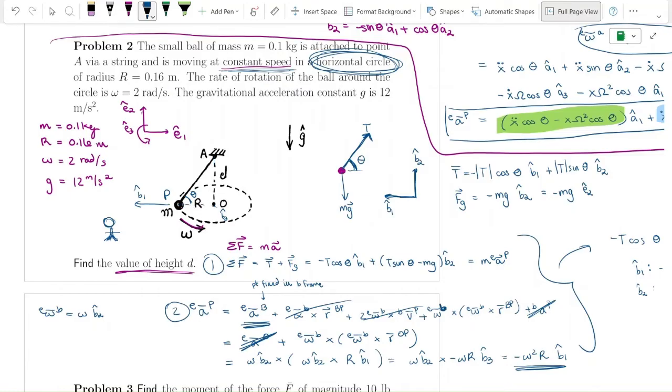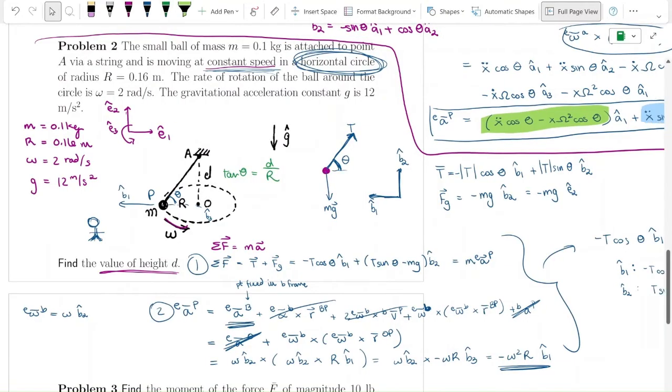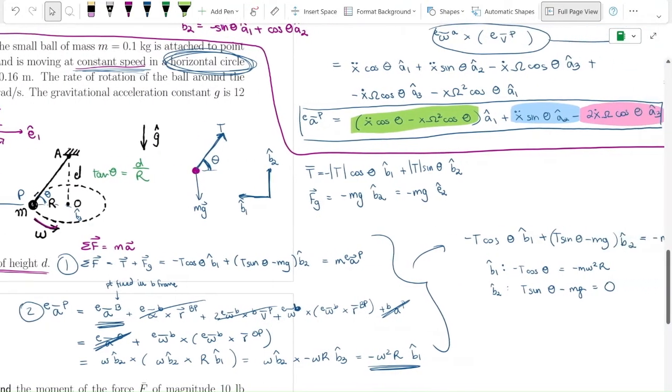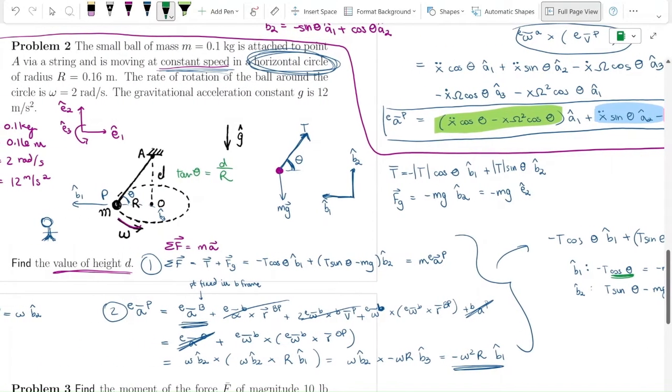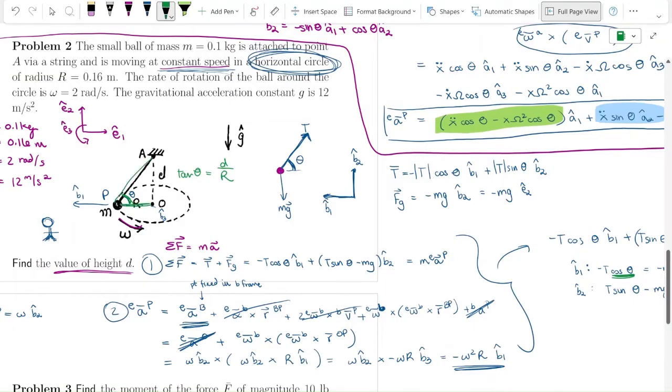Can we use this information to write theta in terms of d? A key step here is that tangent of theta is equal to d over r. Even if you didn't realize that, you could recognize that cosine theta is equal to r over the square root of d squared plus r squared. But that's a complicated expression, and solving it might be painful, so we would prefer to stick with tangent theta.